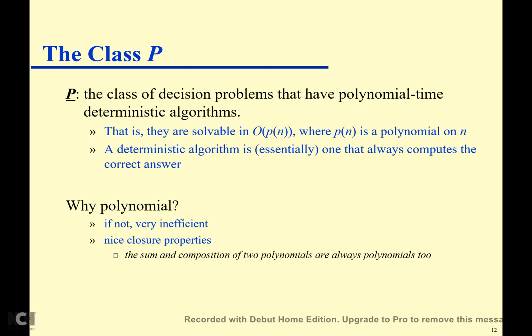So if a problem is a decision version question and is solvable in polynomial time, then this problem belongs to the P class.